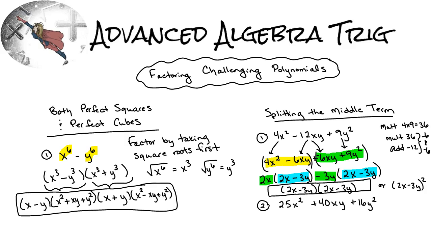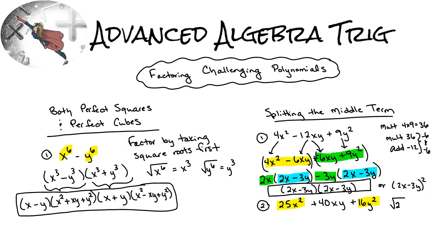Now what you can notice, and this is why I put problem 2 down here, is that this is a type of problem where you don't have to do it in a special way. You can do it like we just did with splitting the middle term. But if you notice at the beginning of a problem that the first term and the last term are perfect squares, you could test out something to the side to see if this special thing would work.